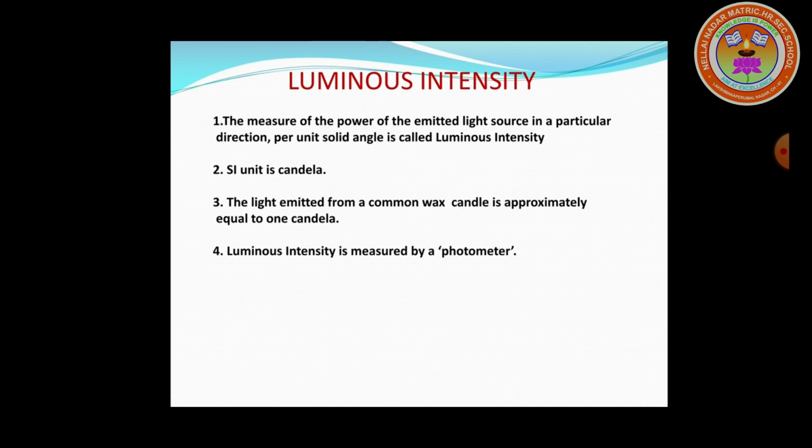The luminous intensity is nothing but the measure of the power emitted by a light source in a particular direction per unit solid angle. The light source emits light, and the light moves in a particular direction. Let us consider a torchlight, or a light in our home, a tube light or LED bulbs. Here the light rays travel in different directions and also make a particular angle. Afterwards only we are able to measure the luminous intensity. The measure of the power emitted by a light source in a particular direction per unit solid angle is called luminous intensity.